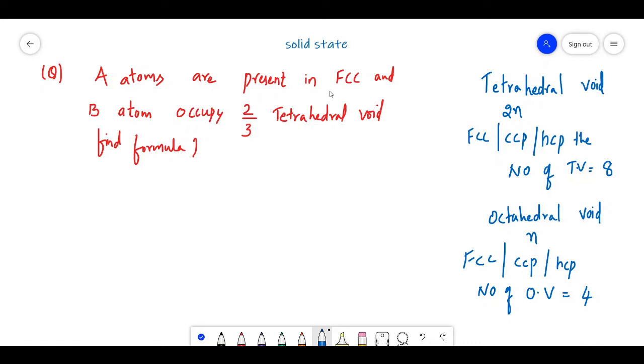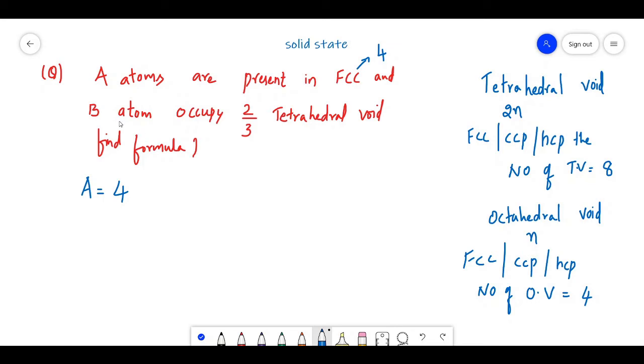So whenever atoms are present in FCC, remember for all FCC, the total number of atoms which are present in A will be equal to 4. So here you can directly take A is equal to 4. Why means A atoms are present in FCC.